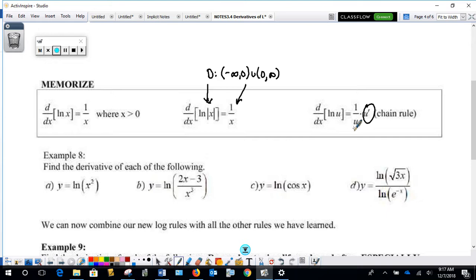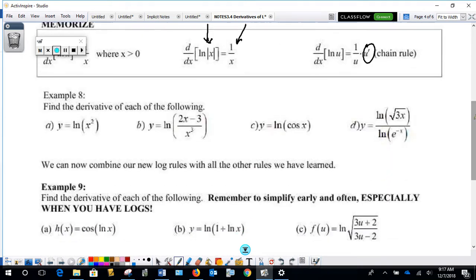It's pretty straightforward. I'm just going to do one of these to try to get you into the theme because I also want to do the derivatives of the logs that don't have a base of e. Like let's do the simple one, right here. I would say dy dx. What is the derivative of the inside x squared? 2x.